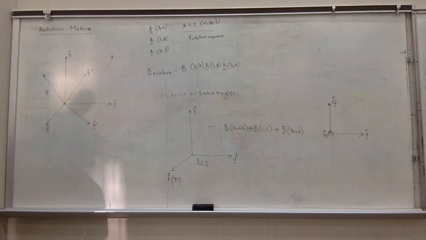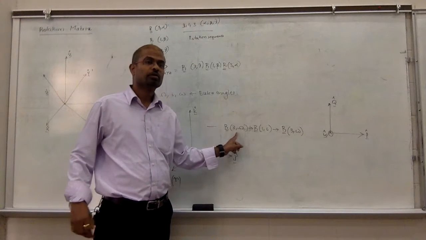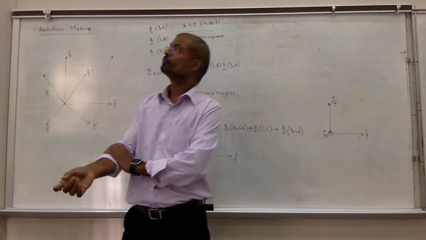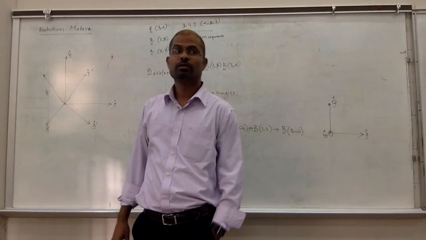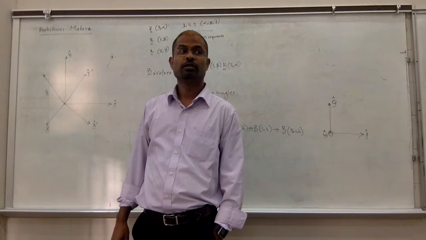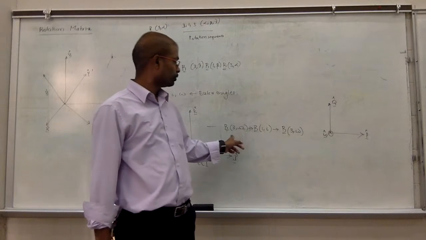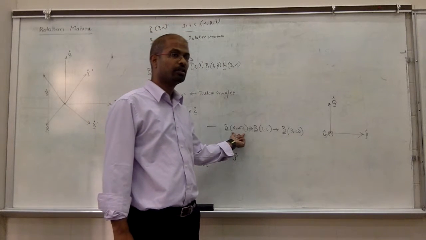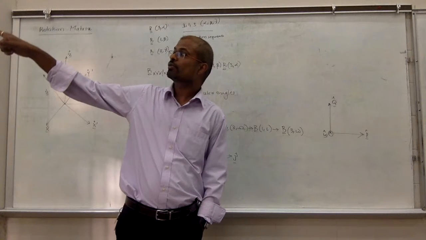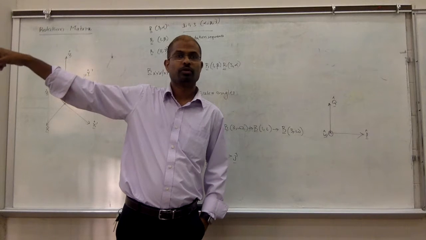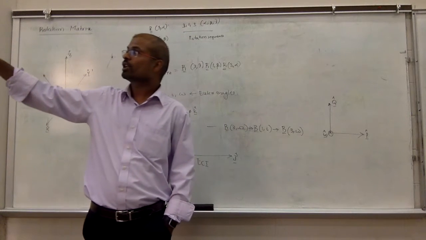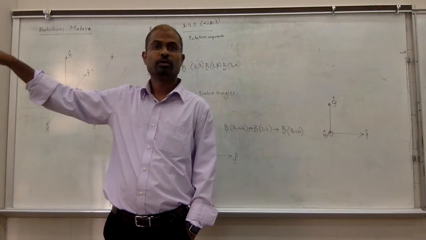You can identify the ECI frame here, right? Now do this rotation first. Tell me where you'll end up. What will your x-axis collide with? If you do this rotation, just the first rotation, the x-axis will align with the line of nodes, right? X-axis will align with line of nodes.